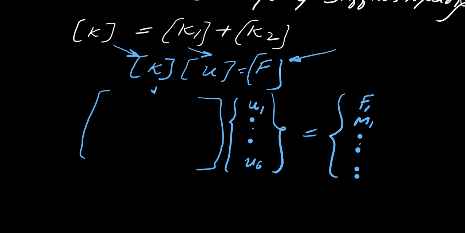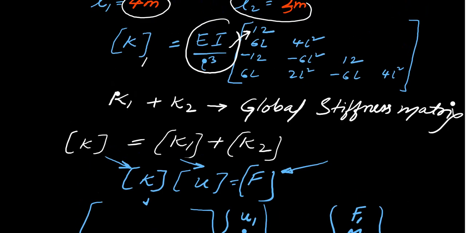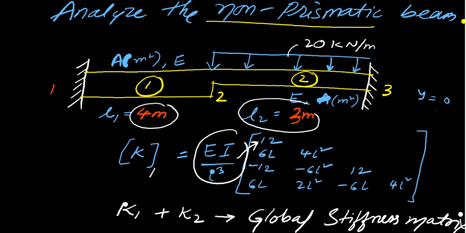Okay, so now I will explain what the boundary conditions are. That is very important to understand. So according to this problem, what boundary conditions are you getting? For node 1, there are 3 displacements in general, but we are neglecting the axial deformation.